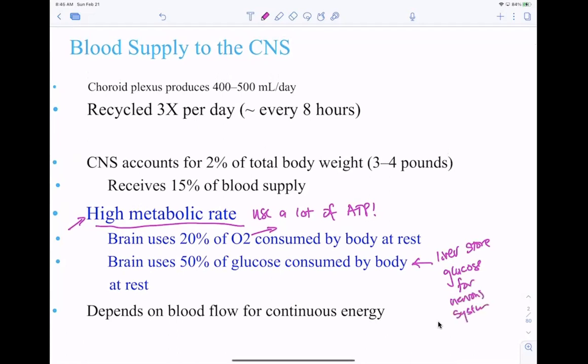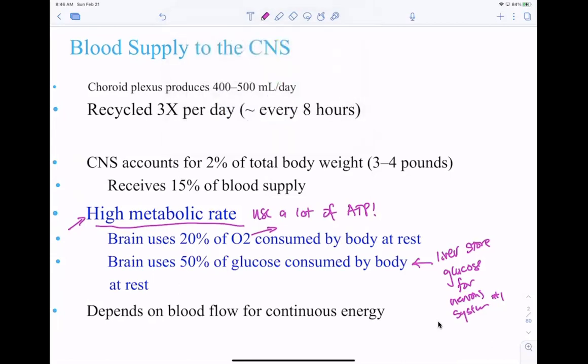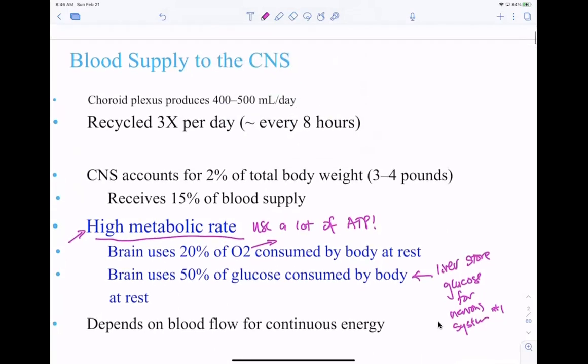It has priority, right? That's why if you have really, really low blood glucose levels, your brain starts to feel a little fuzzy. You can't concentrate very well. It's because those neurons are really using glucose. And if you're running low on glucose, then the neurons aren't going to have their fuel.